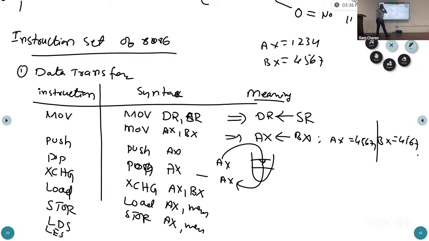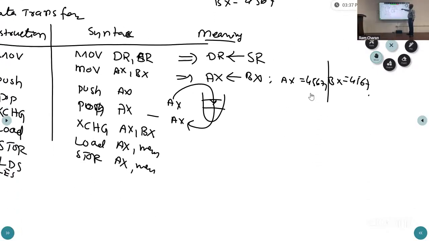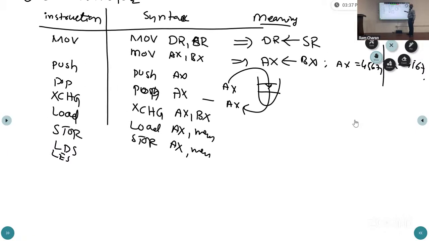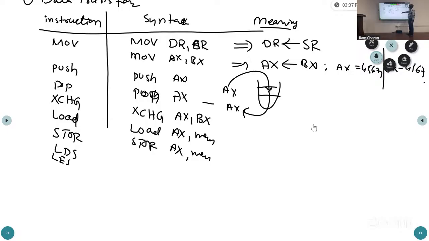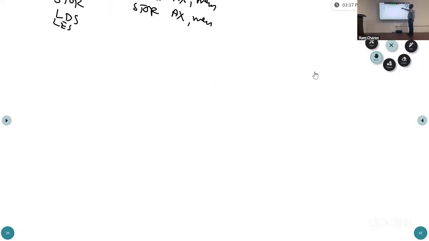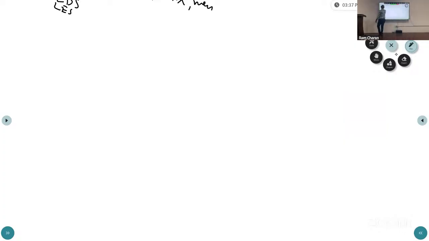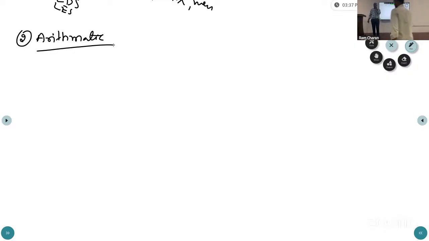Next one, what is the next one? Arithmetic instructions. The second category, arithmetic instructions.